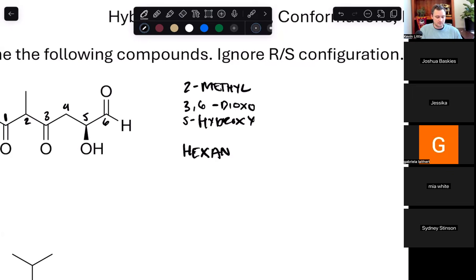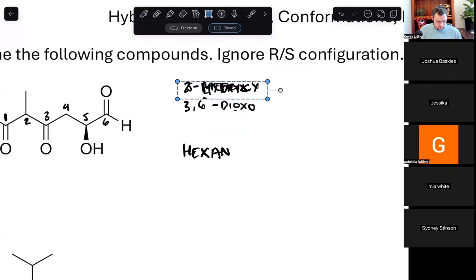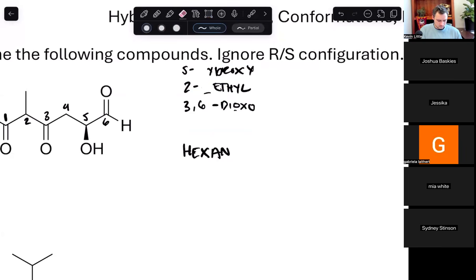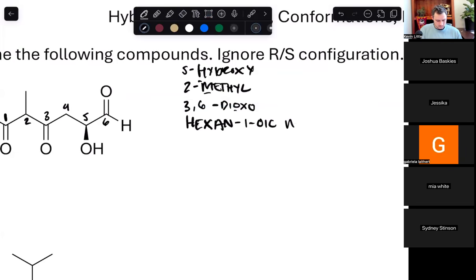Now I've got to get them in alphabetical order, and we have to remember that di does not count for alphabetization. So I'm comparing an M to an O to an H. So H goes first. So it's going to be 5-hydroxy, 2-methyl, 3,6-dioxo, hexane, 1-oic acid.